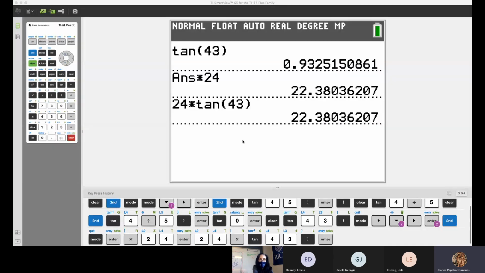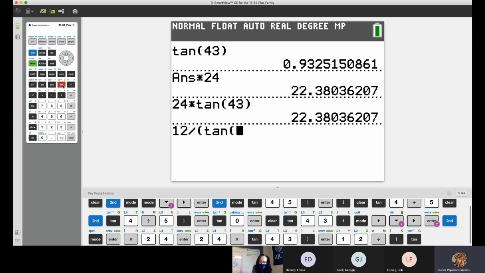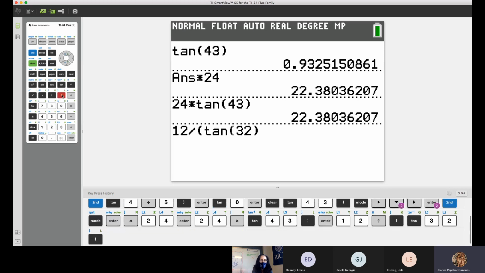So that would be 12 divided by, now I'm going to divide by this entire value, so I'm going to put it in parentheses because I like to use more parentheses than sometimes is even needed. Tan of 32. And then I need to close that parentheses. And what did y'all get? There we go. Excellent.